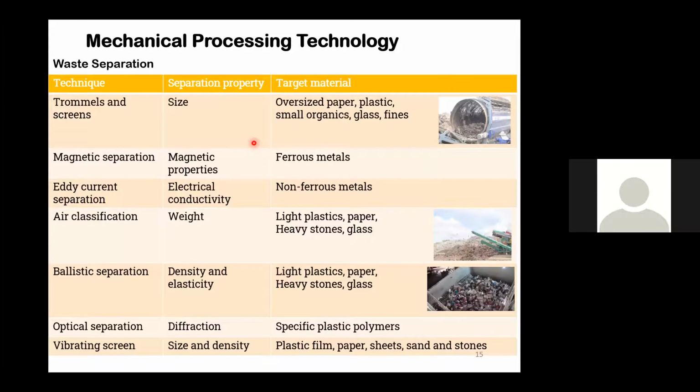And for waste separation processes, we sometimes struggle to select the appropriate technology due to difficult separation efficiency. So not only the separation technology, but it is also combined with other drying techniques.